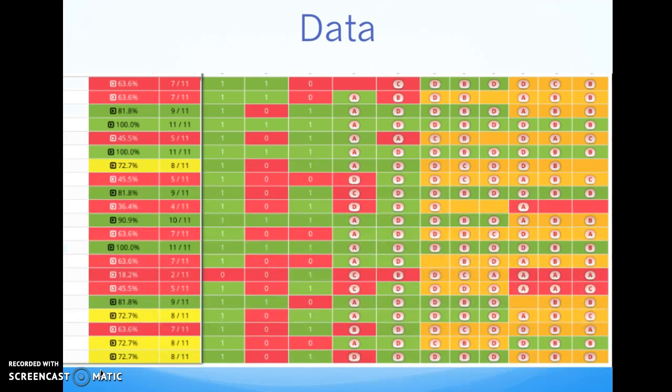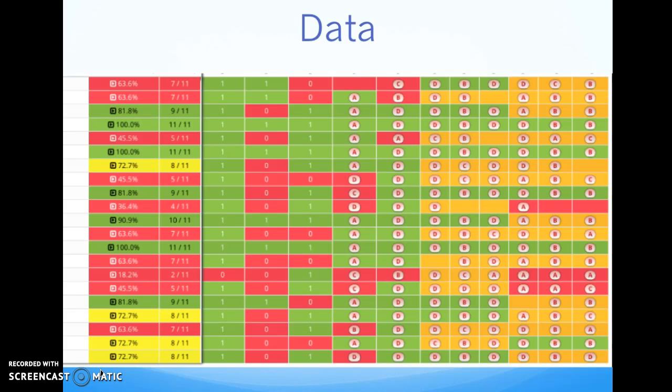Another piece of data that I showed was a math progress check that students took. Starting all the way on the left, it shows the percentage of how they did. Next shows out of the 11 questions, how many they got right.